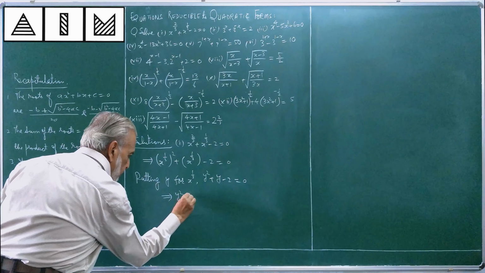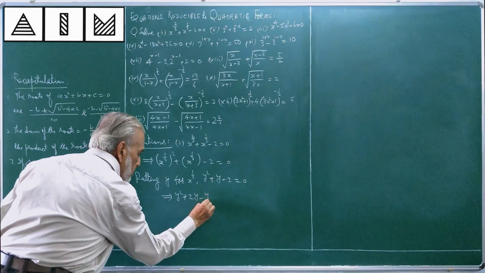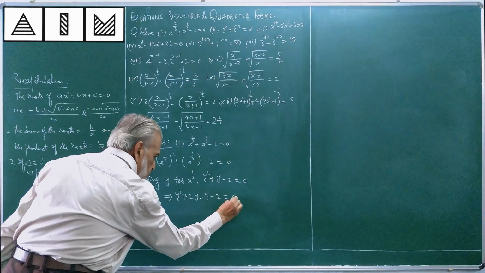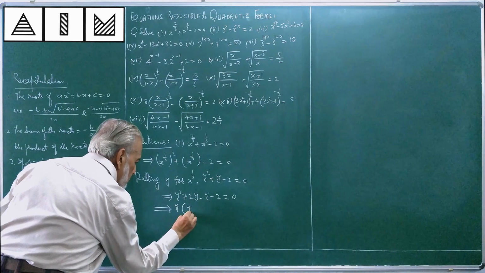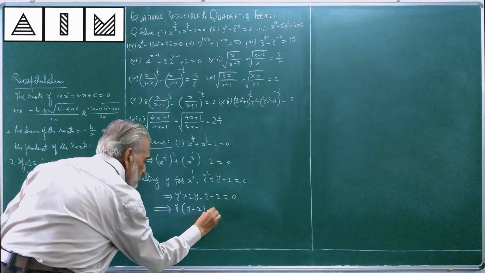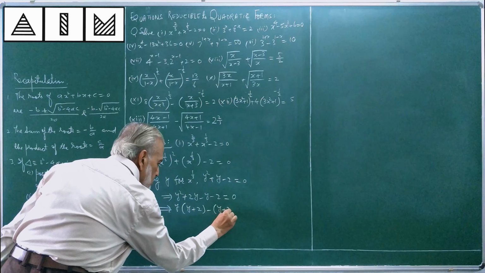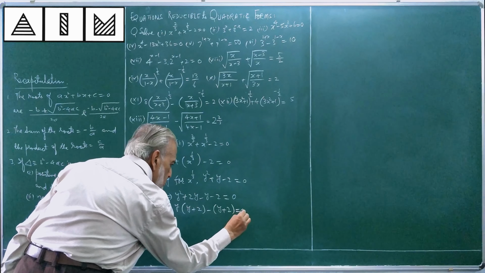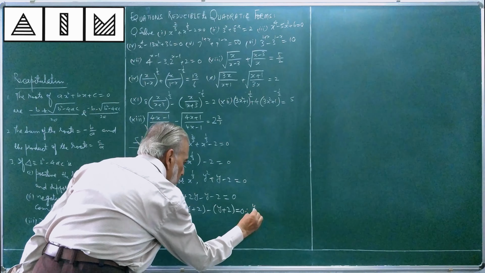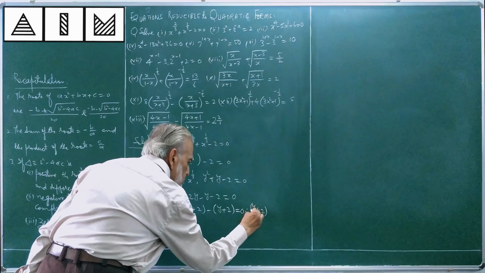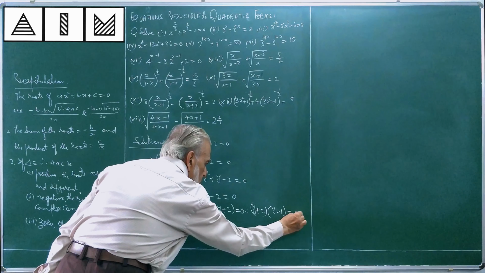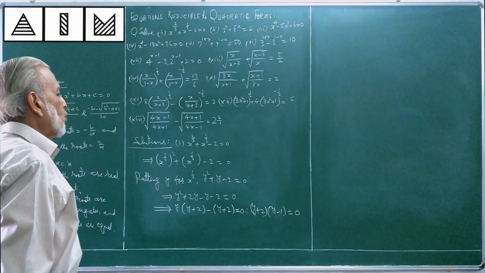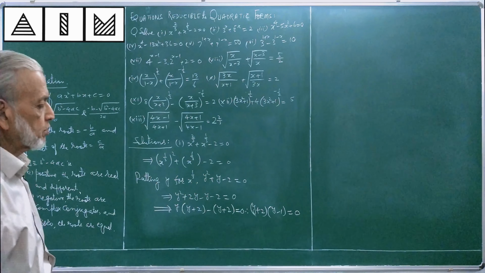Factorization of trinomial needs no explanation. y plus 2 into y minus 1 is equal to 0.